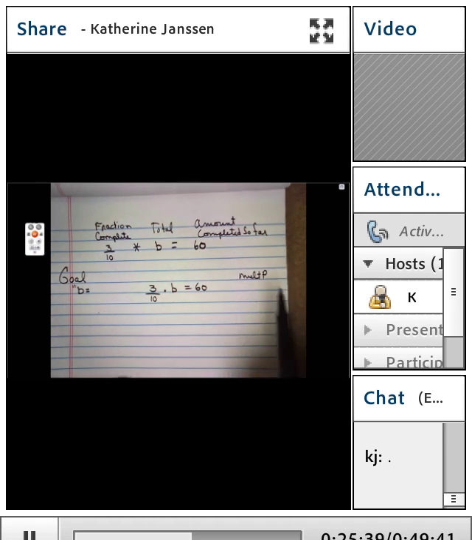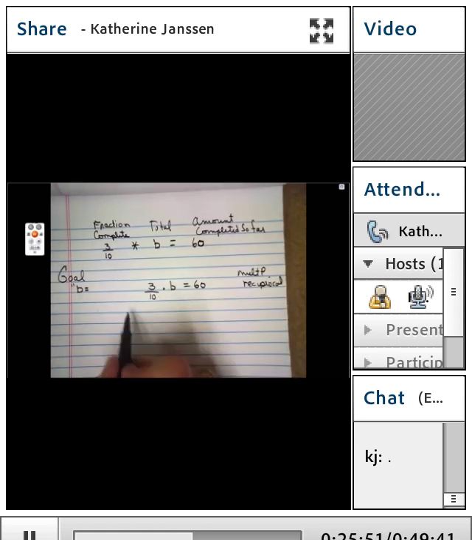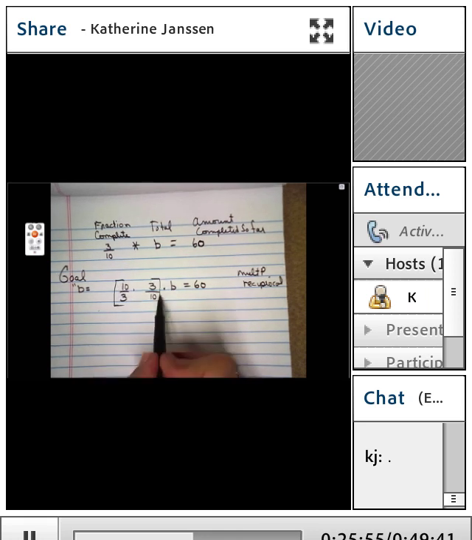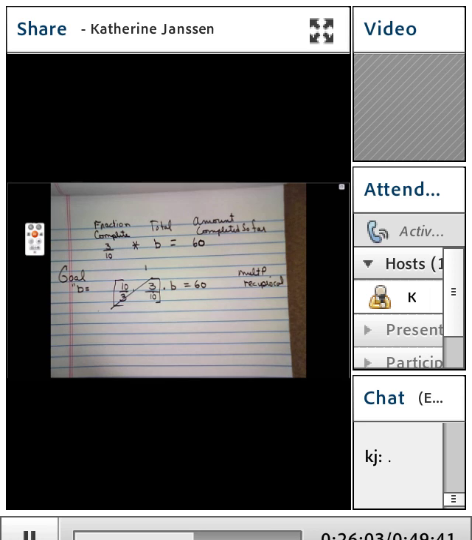Multiply any number times 1, and I'll get the number itself. So if I multiply by the reciprocal of 3/10, if I multiply by 10 over 3, any number times its reciprocal is 1. 30 over 30 is another name for 1. And 1 times B would leave B equals.